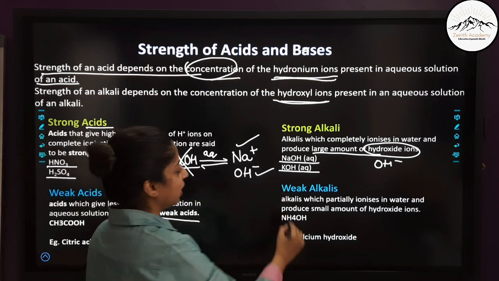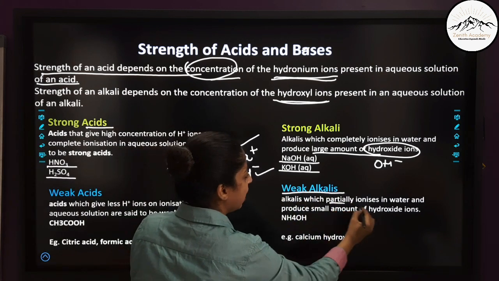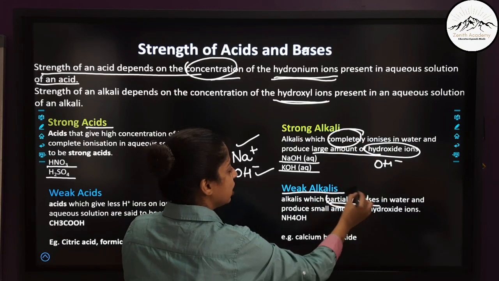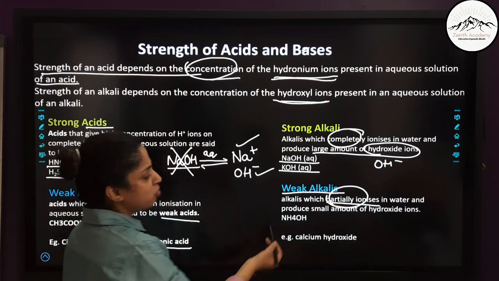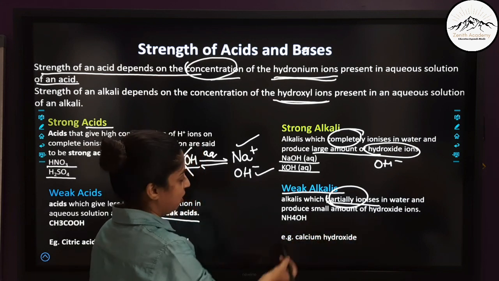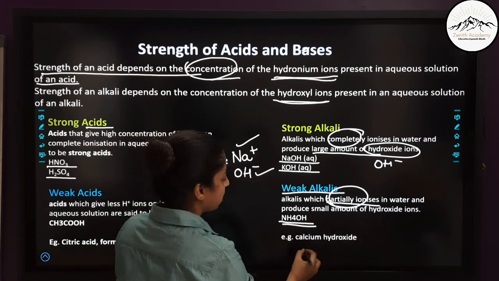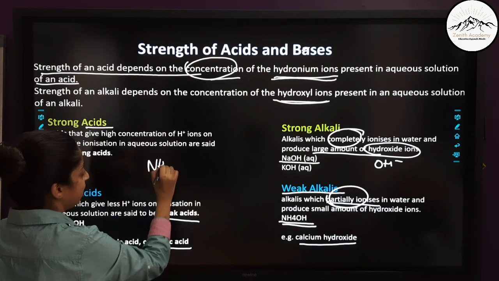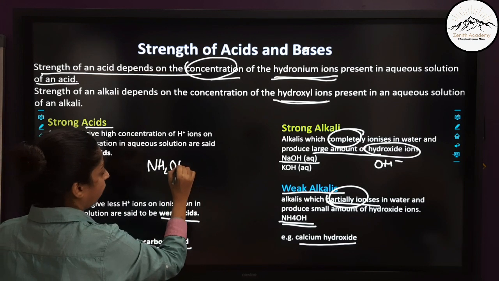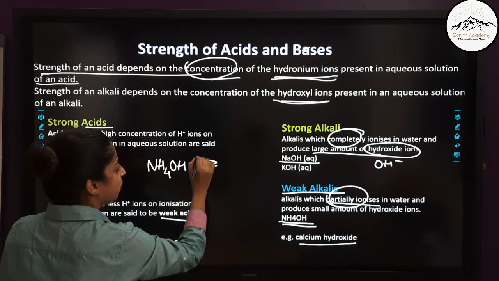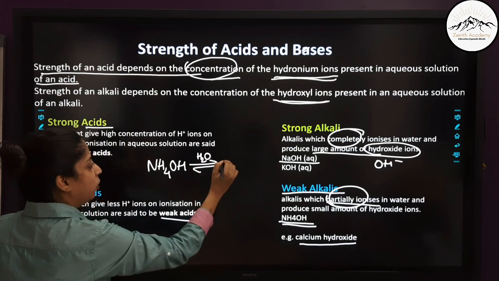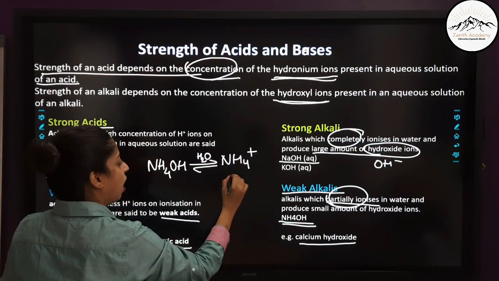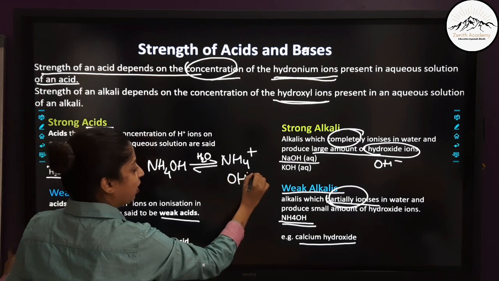Then what are weak alkalis? Alkalis which partially ionize. This one completely ionizes and this one partially ionizes in water and produces a small amount of hydroxide ions. Examples are ammonium hydroxide and calcium hydroxide. If we take ammonium hydroxide, that is NH4OH, it dissociates in the presence of water to give ammonium ion and hydroxide ion.